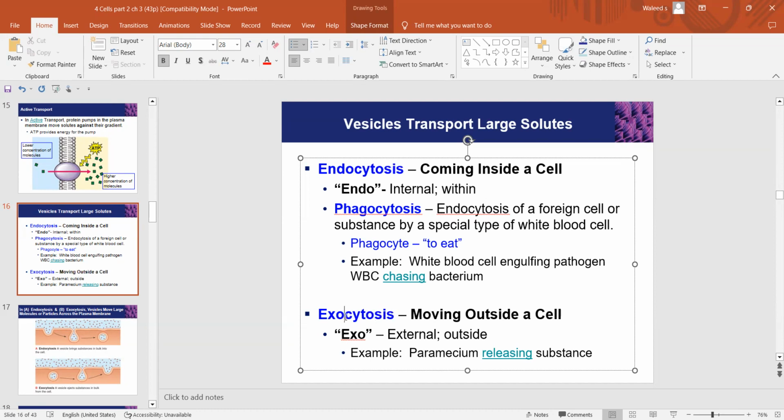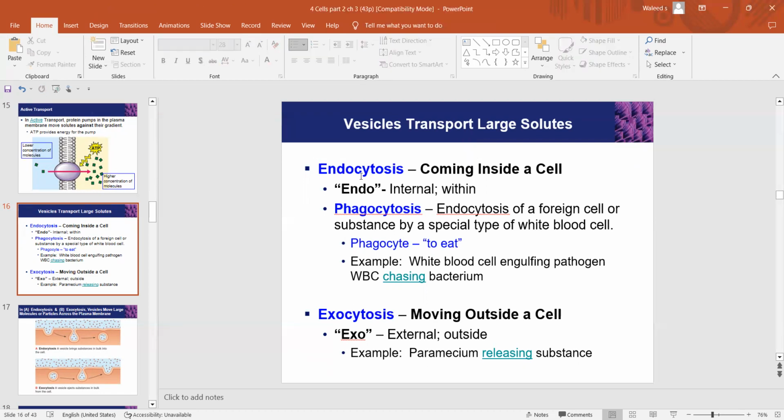So three parts here: exo, cyte, osis. Exo is out, cyte is cell, osis is a process. So exocytosis is the process of moving out of the cells. Use my way, which is the scientific way of cutting words into different pieces. It will be a lot easier.